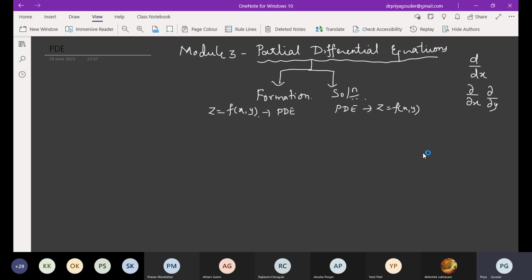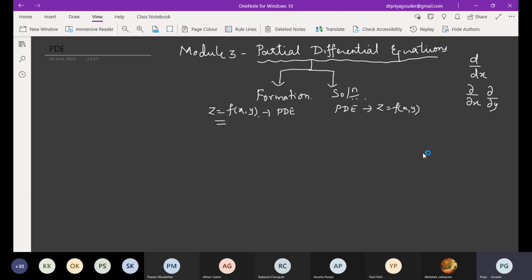Again, about differential equations, you know so many concepts, like we have defined what is order, degree, homogeneous, non-homogeneous. All those concepts are also there in PDE. So first, today I'll take the part of formation. For formation, they'll give some function and they will ask us to form the partial differential equation.